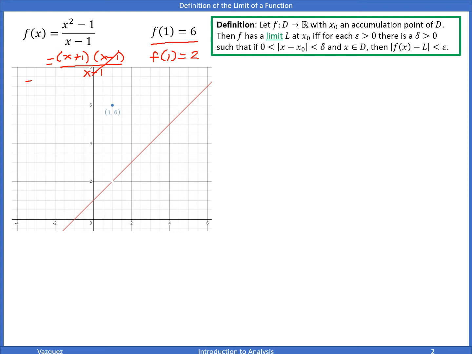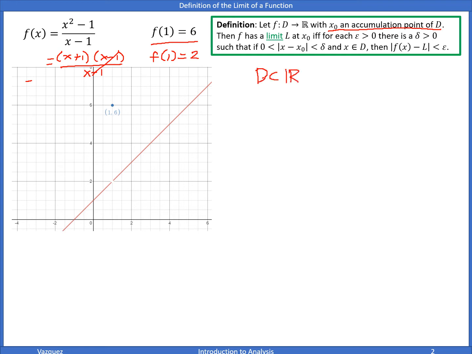So first, for instance, x naught is an accumulation point of D. Now here I should mention, D is going to be a subset of the real numbers, right?